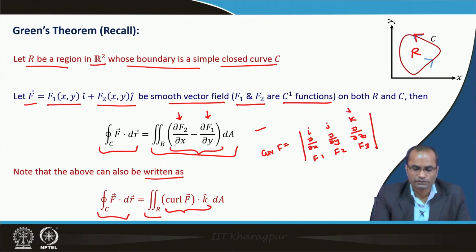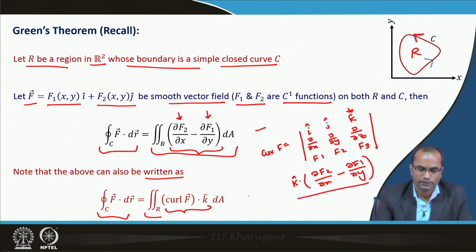So, we will go for the third component only, that will survive, all others will vanish while going for the dot product with k. So, we are going to have del f2 over del x minus del f1 over del y. This will be the third component, and then we will have something with i, and then something with j, and then k.